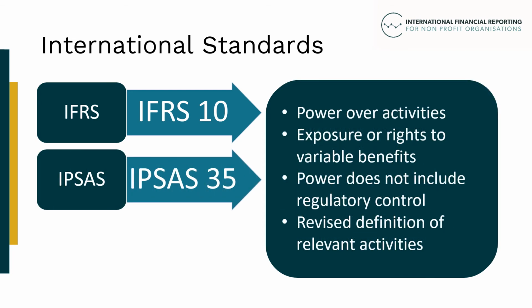The IPSASB conceptual framework says that a reporting entity is a government or public sector organization that produces general purpose financial statements. IPSAS 35 uses the same definition of control as IFRS 10, but has amendments to reflect public sector circumstances, such as the removal of references to investor, the use of the term benefits instead of returns, and clarification that government's power to regulate does not give rise to power for purposes of the standards.